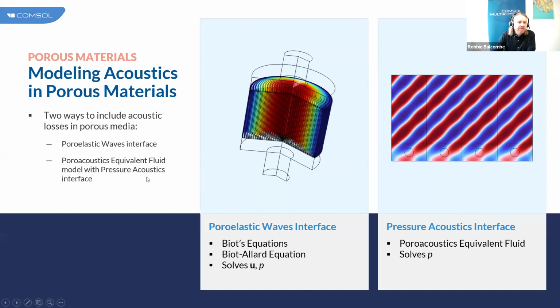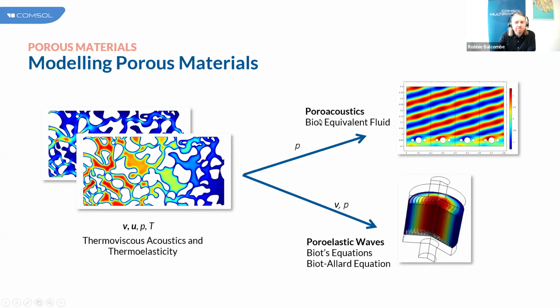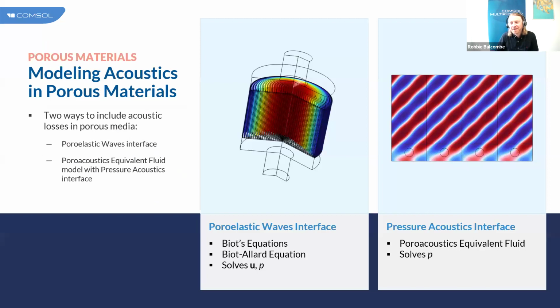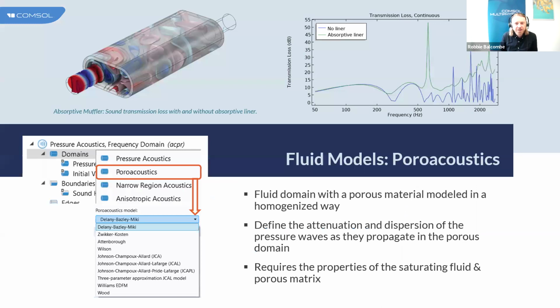The methods are based on Biot theory in both cases. So we have these two different methods that we can use. First of all, considering the first option, where we work with poroacoustics, in terms of setting up our problem we would still work within the framework of a pressure acoustics physics interface.